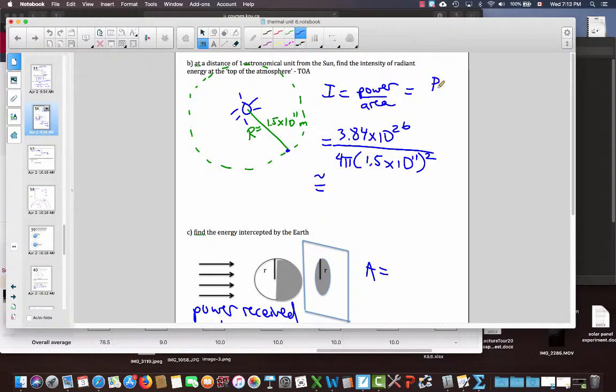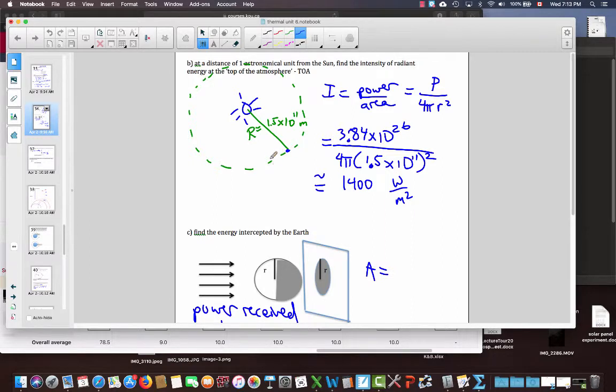We had the 384 yottawatts, but that's going to spread out over a rather big sphere, 4 pi r squared. And because one astronomical unit is so large, even though there's a lot of power, by the time we reach the Earth, we're down to about 1,400 watts for every square meter of area at the Earth's orbit.